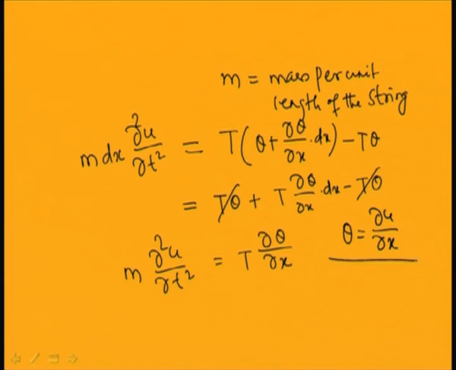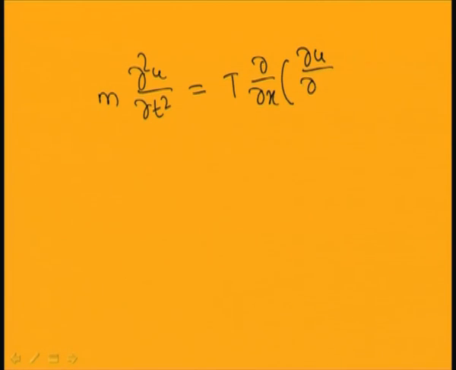So, as slope theta equals del u by del x, I can write this expression m del square u by del t square equal to T into del by del x of theta, which is del u by del x.